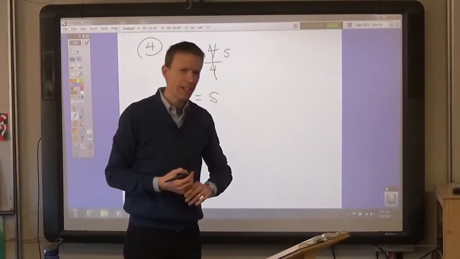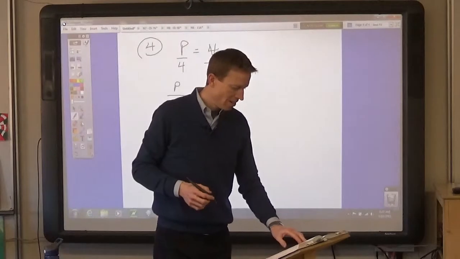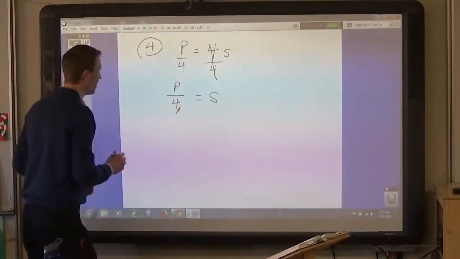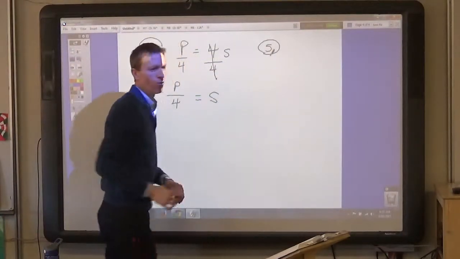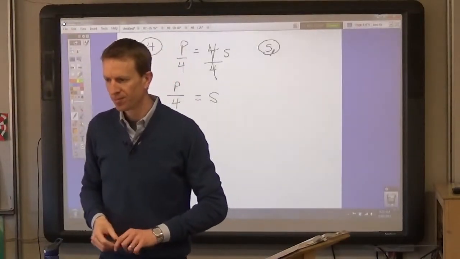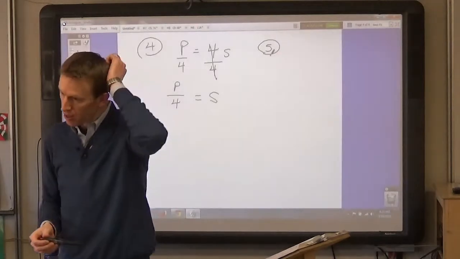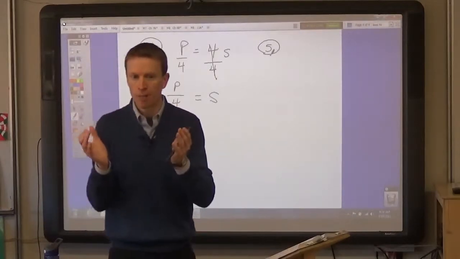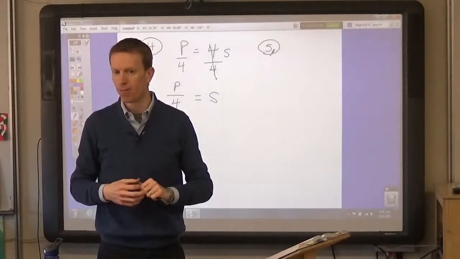Q equals PD. I'm not sure what this one is, the formula without the words. Okay? But number 5 is related to number 4. Yes? 1/4 P equals S. Yes. So multiplying by the reciprocal is the same thing as dividing by 4.